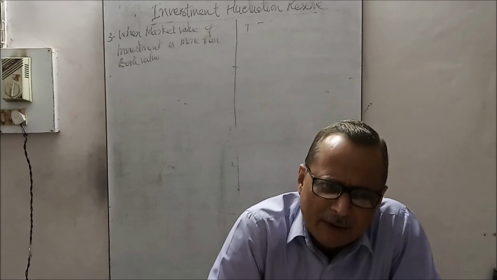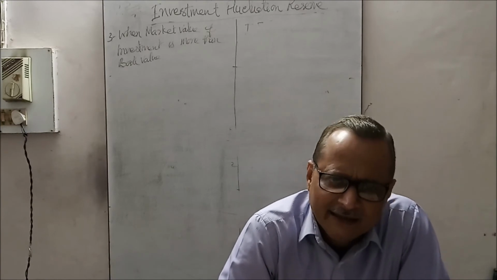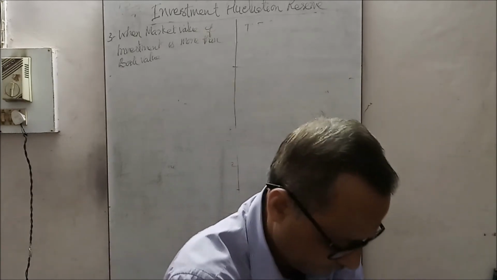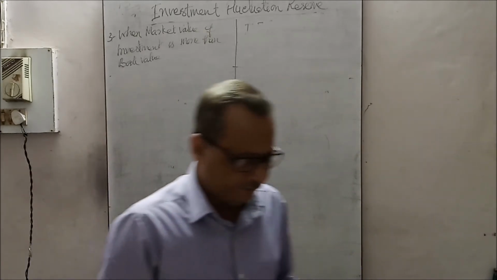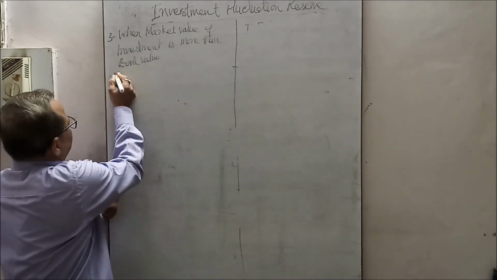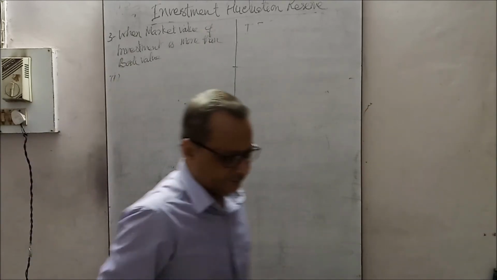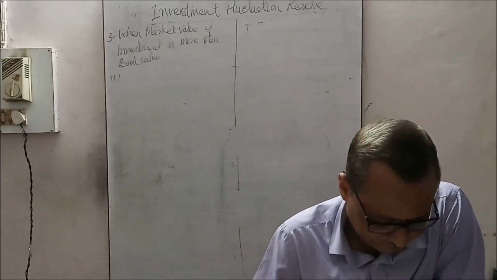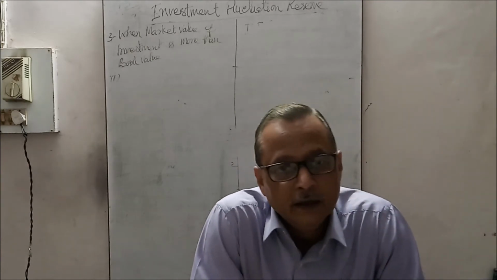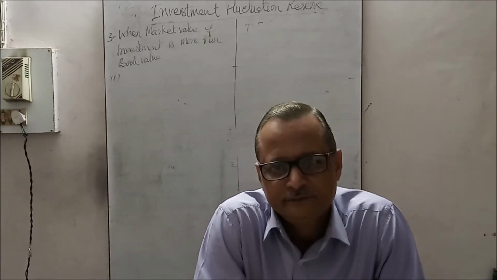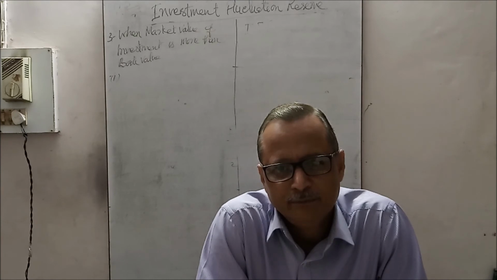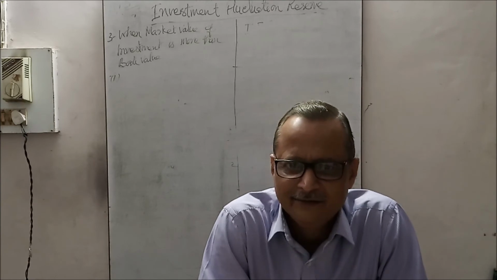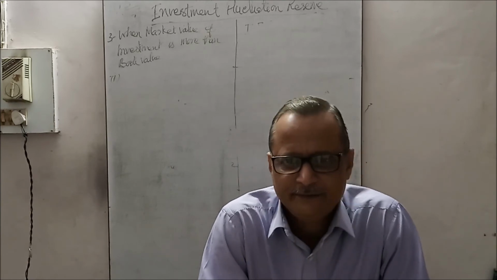So what entry should be passed in that case in the several circumstances? The very first is under this case. When the market value is more, market value is increasing, the value of the investment will increase.